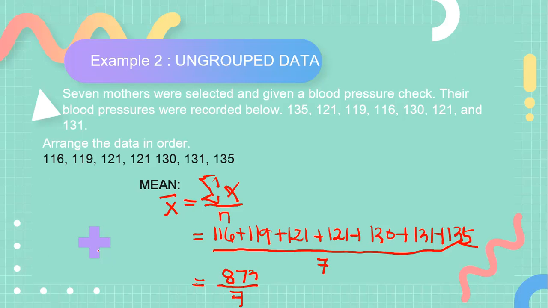So 873 divided by 7 is equal to what, class? Very good. It's 124.71. So meaning our mean is 124.71. Now let's proceed to the next slide.